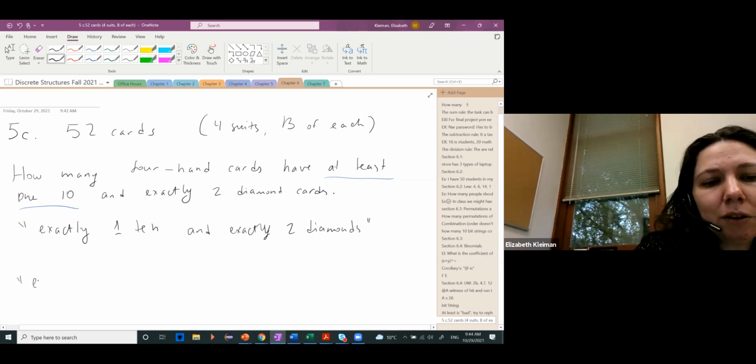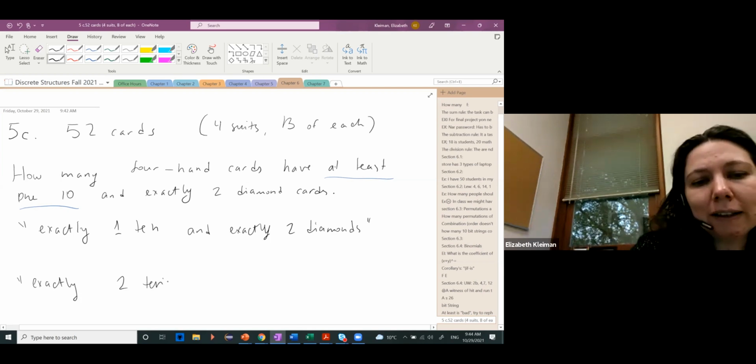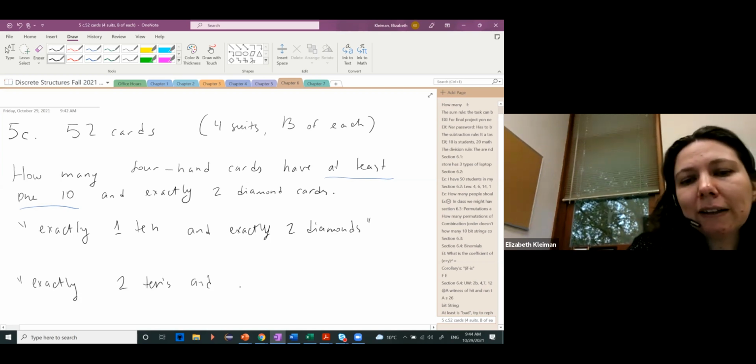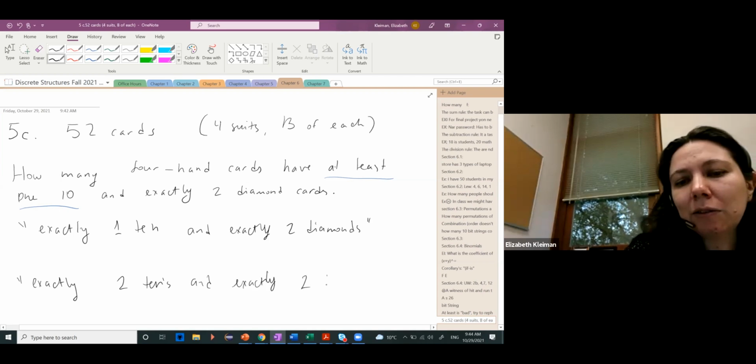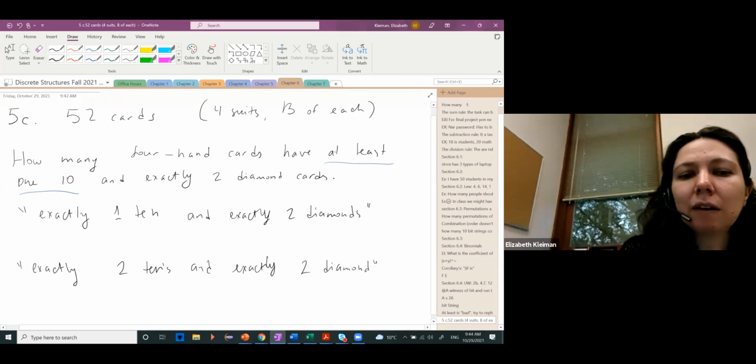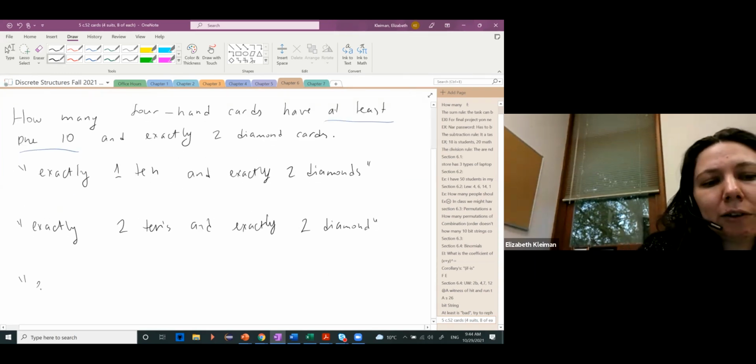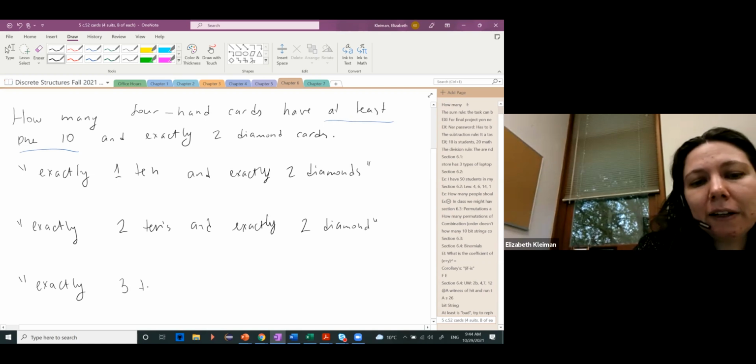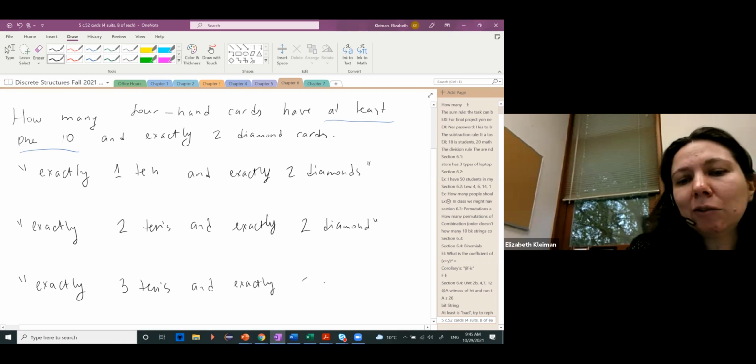My option 2 is exactly 2 10s and exactly 2 diamonds. My other version is exactly 3 10s and exactly 2 diamonds.